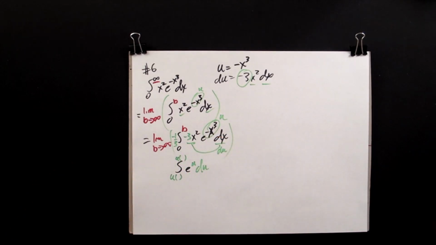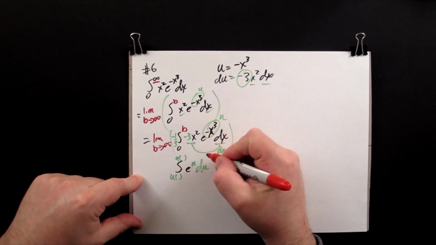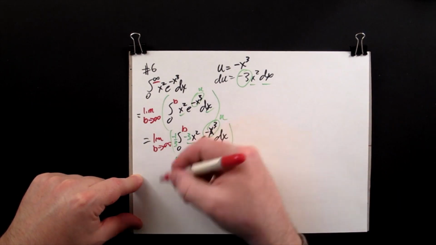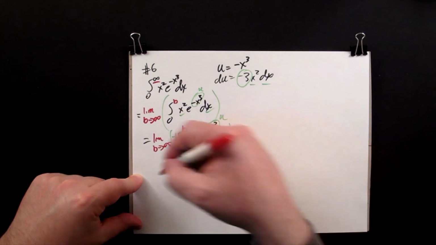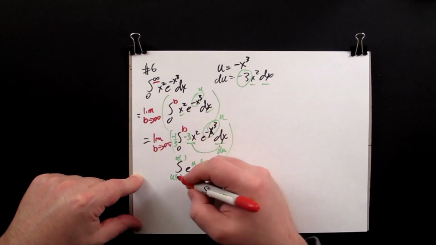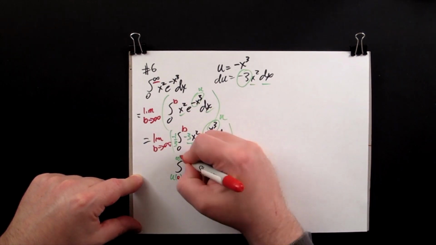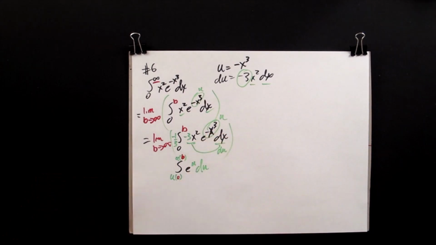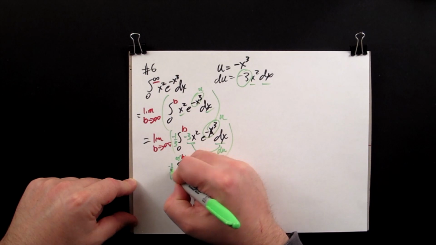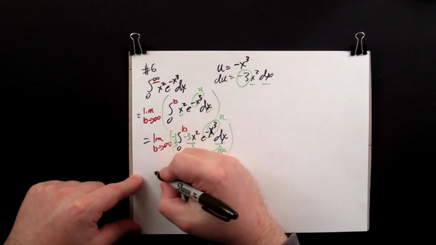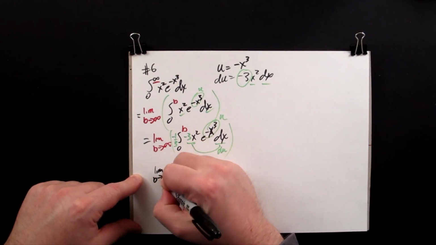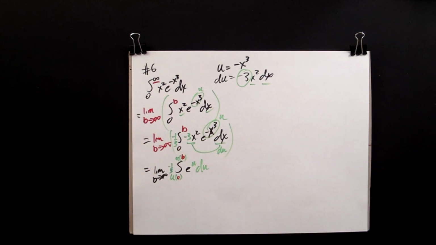So you could evaluate them, but in this context, as you have a limit, it's better to just find the antiderivative, plug it in, and then go back to x to evaluate the limit. The bounds are 0 and b there, remember. So they change. We have this minus 1/3 to keep it all balanced, and we still have this limit hanging around for a while.